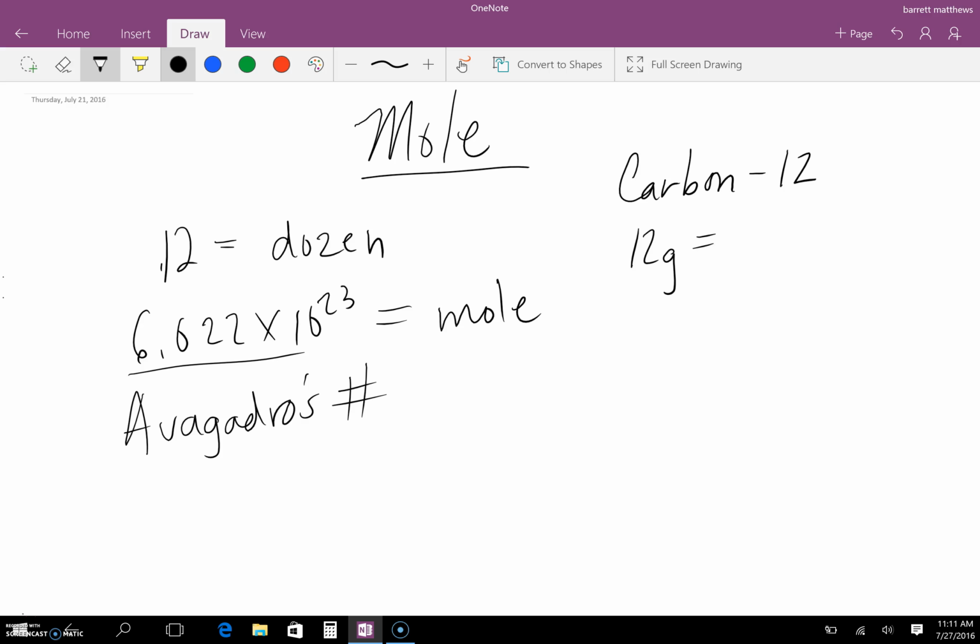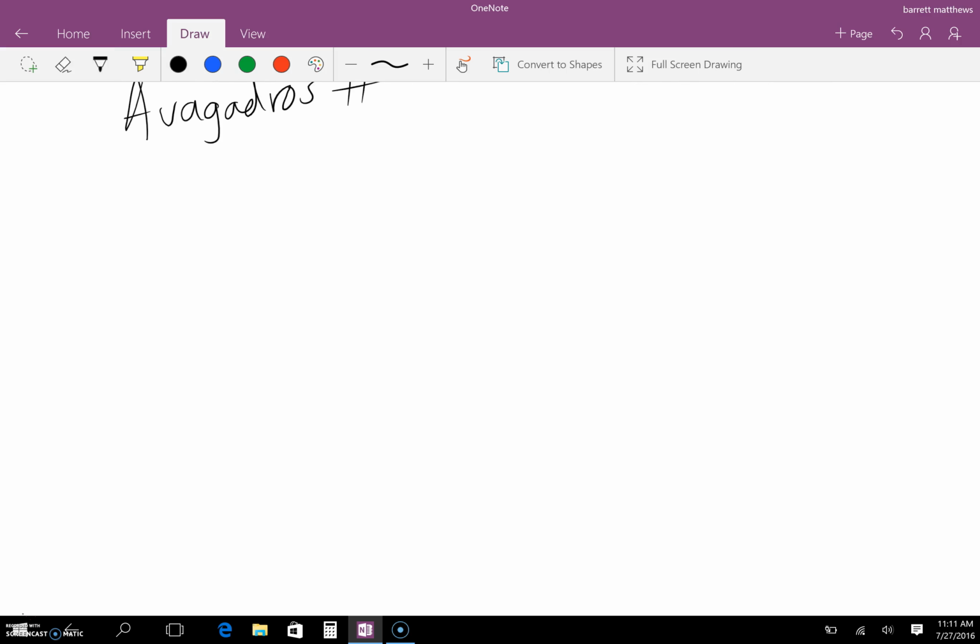And they basically said that 12 grams of carbon has 6.022 times 10 to the 23rd atoms in it. So anything that is 6.022 times 10 to the 23rd is 1 mole.